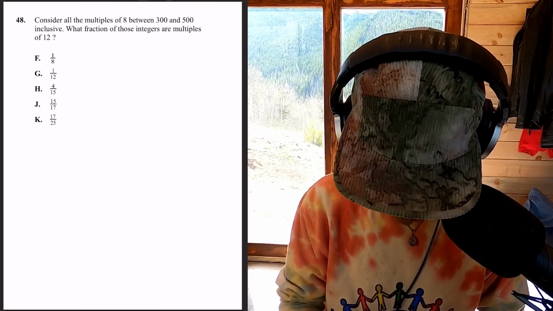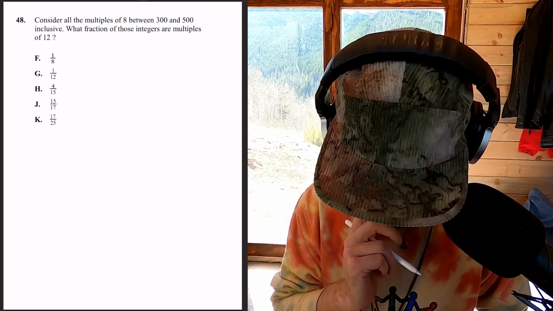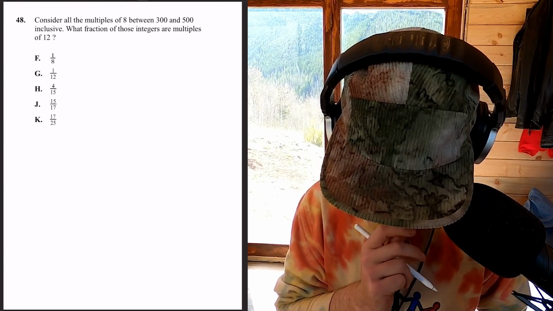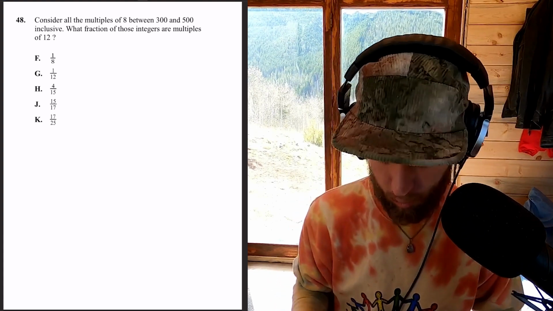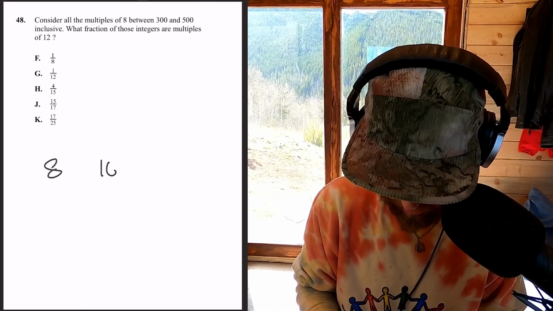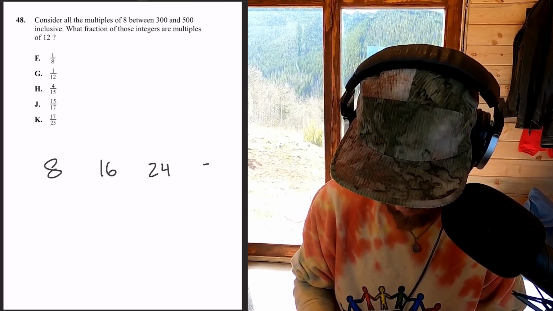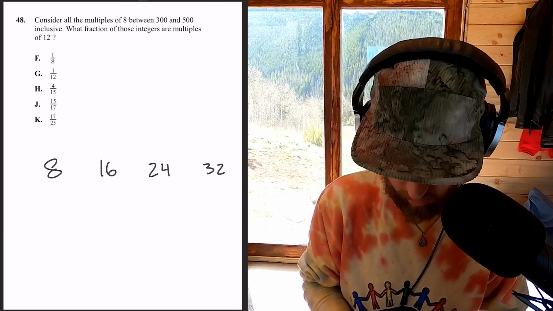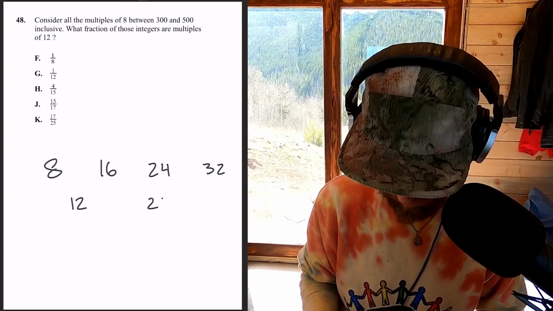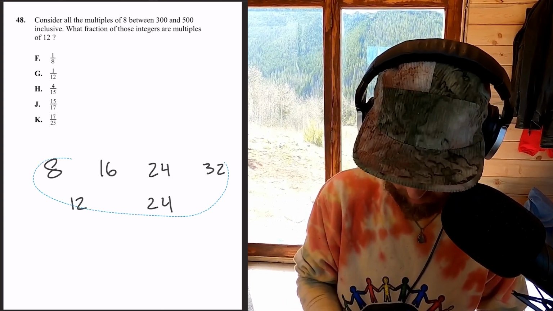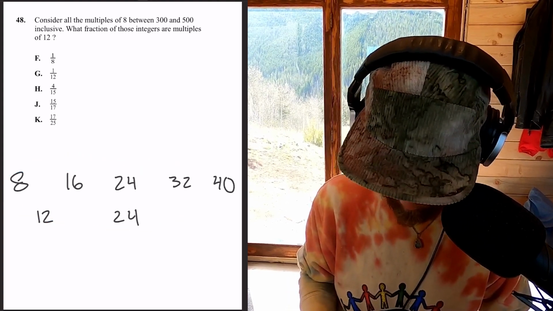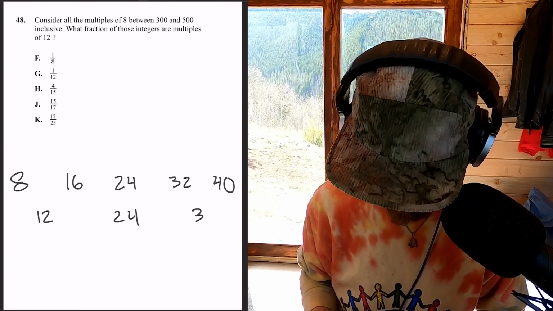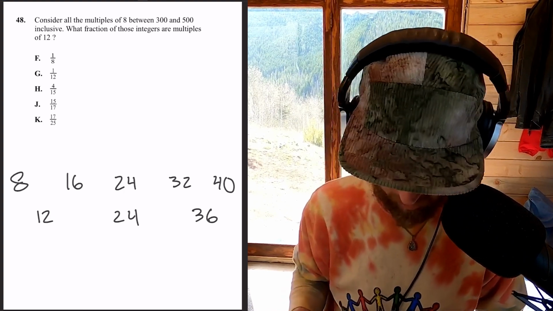Okay, that's weird. Consider all the multiples of 8 between 300 and 500 inclusive. What fraction of those integers are multiples of 12? Whoa. 8, 16, 24, 32, and so on. 12, 24, and so on. 8, 16, 24, 32, 40. 12, 24, 36, and then they would meet again at 48.